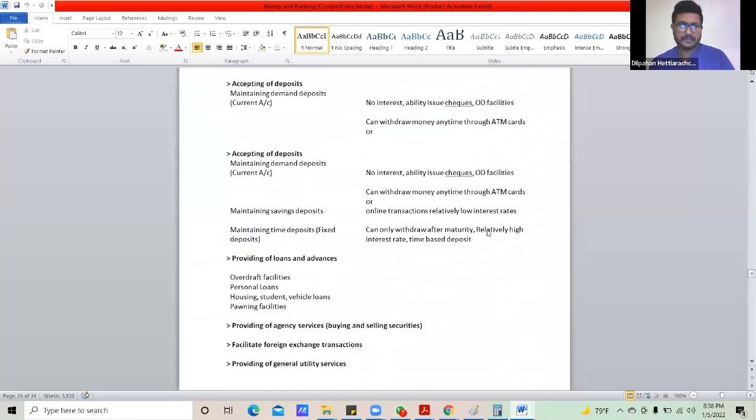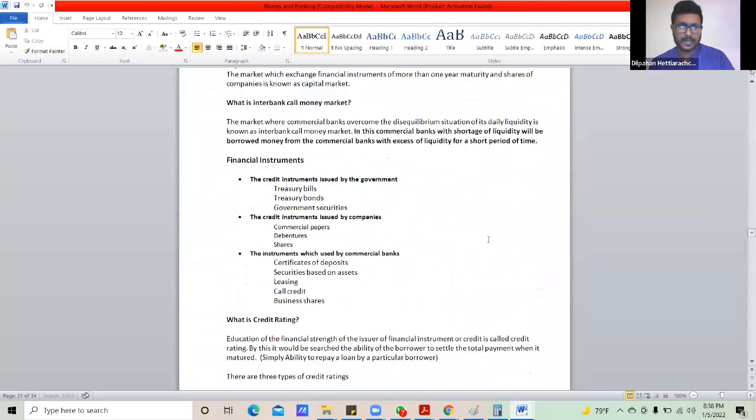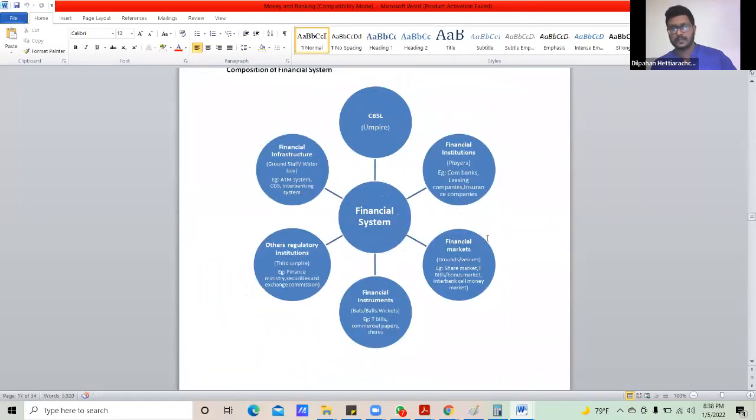As a diagram, we can explain it like this. These are the components of the whole financial system of Sri Lanka: the central bank, financial institutions, financial markets, instruments, regulatory institutions, and infrastructure. The most important component is the central bank, no doubt, and then the financial institutions.